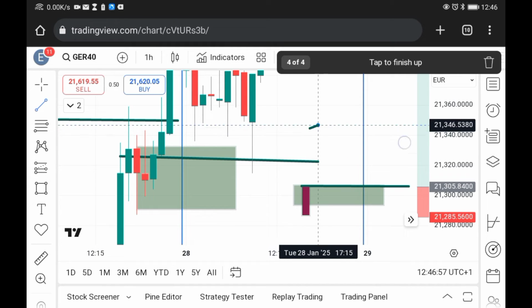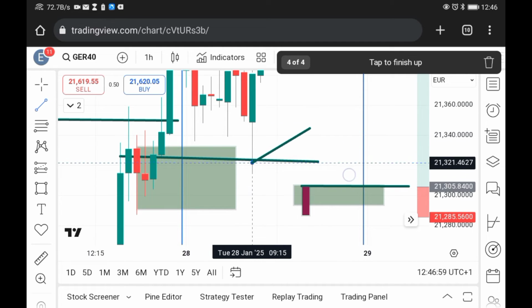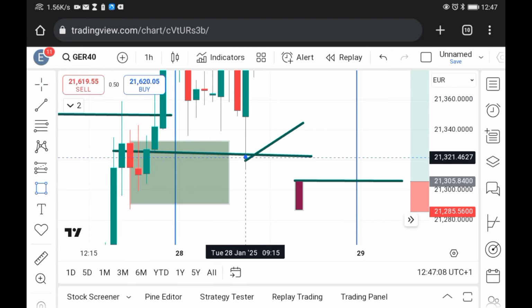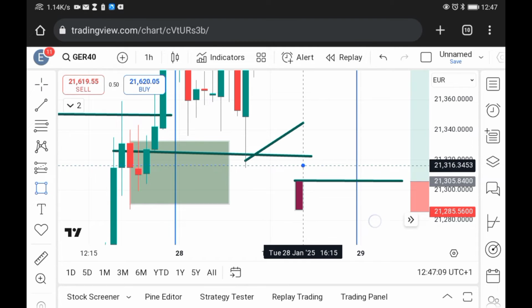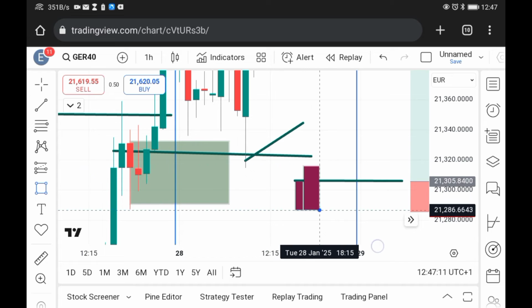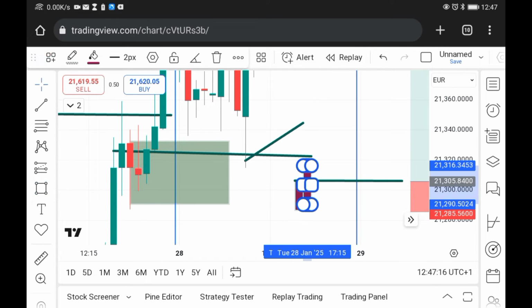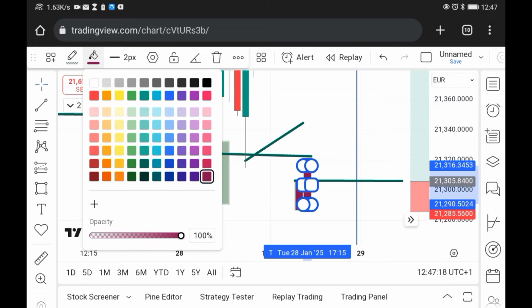Some of you may use an engulfing pattern, meaning as the candle comes inside this zone, you wait for another candle to engulf this very red candle. So you'll be looking for something like this. At this point, this candle now will become a green candle.